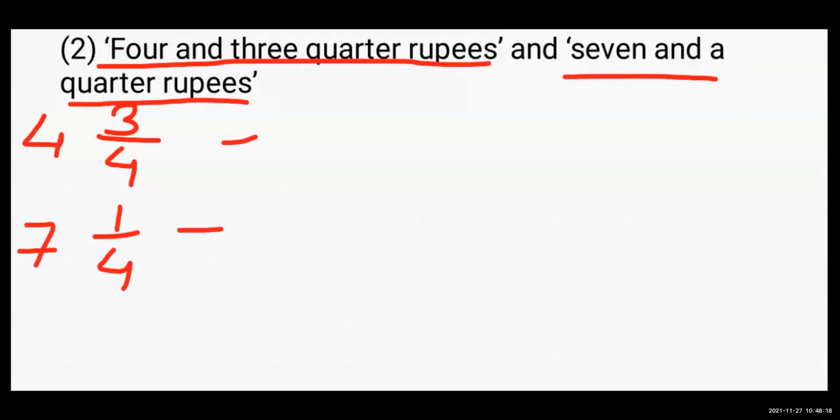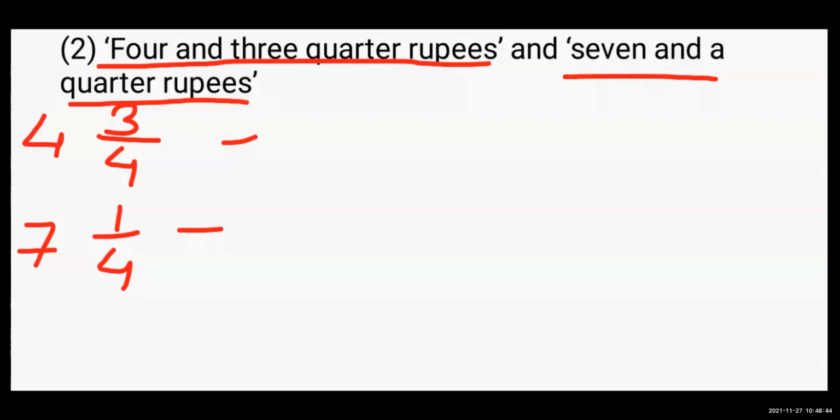Does anybody have a doubt till here? Let me know in the chat box. 4.75 means 4, 3/4. 7.25 means 7, 1/4. Okay, I'm getting the answer. No doubt. Okay, let's go.